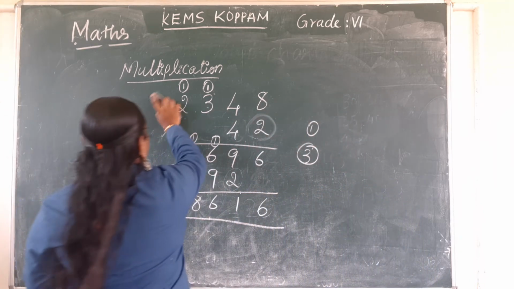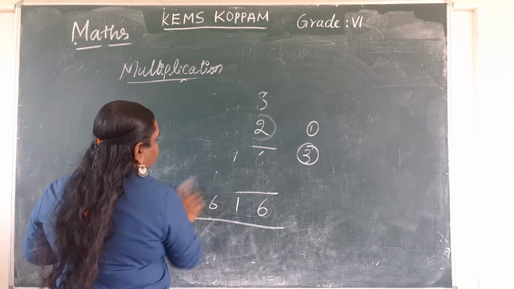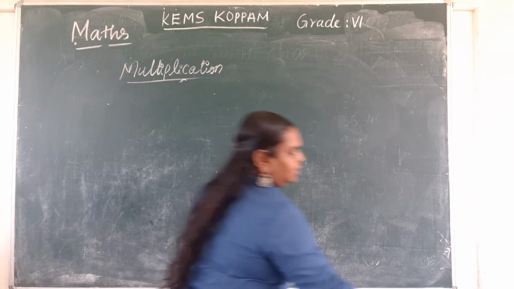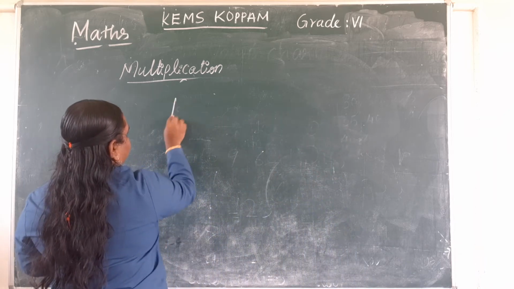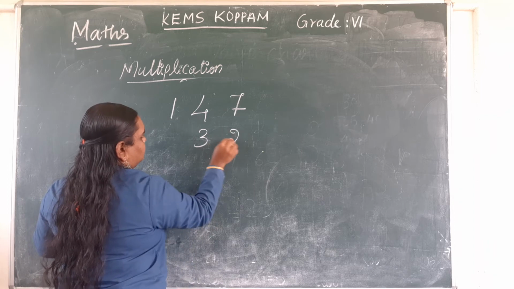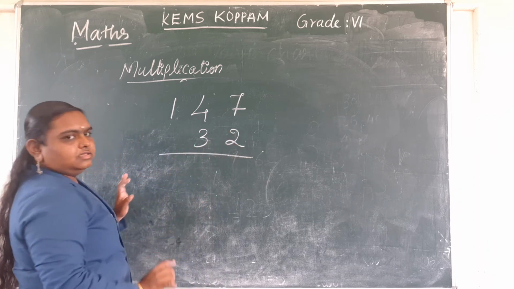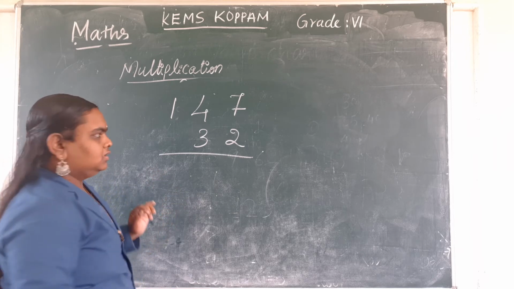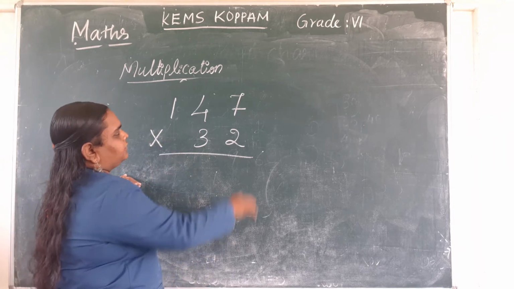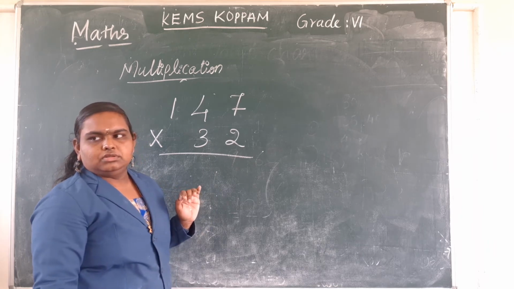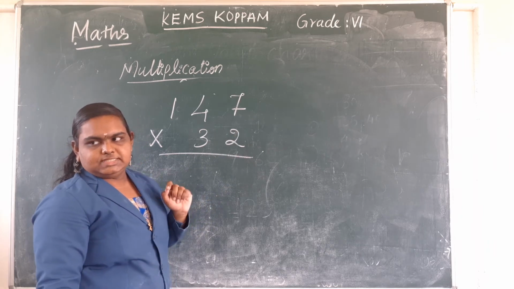Now, next we see another example. Okay. We can see another example. I am just writing the 3 numbers and 2 numbers. Okay. Just we have to learn. So, first which number should be multiplied? 2 into 7.